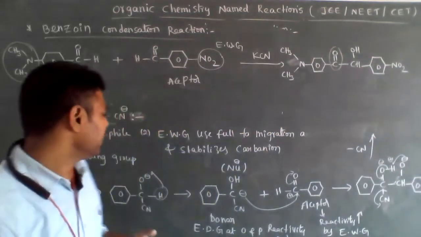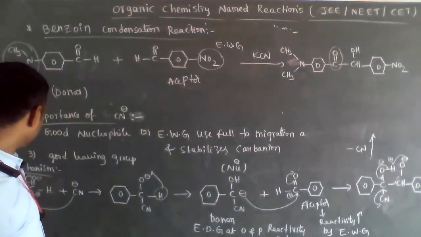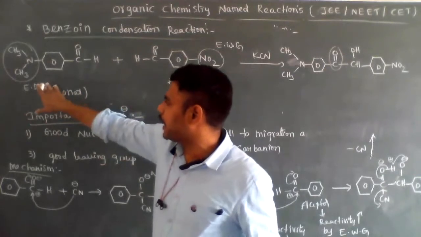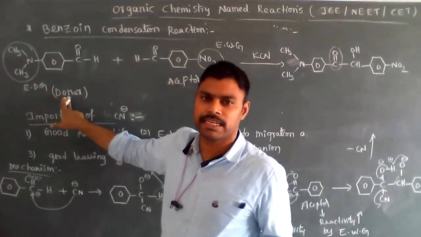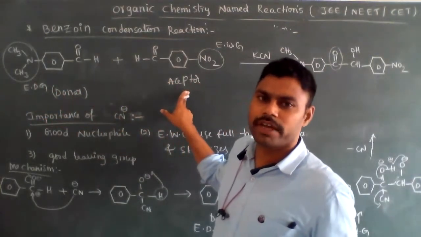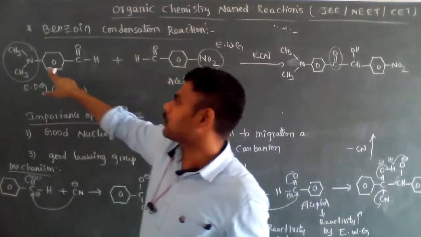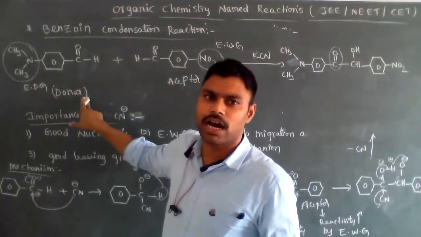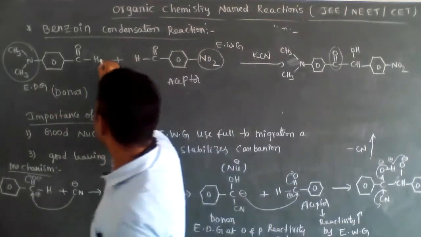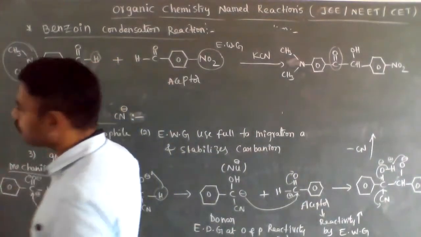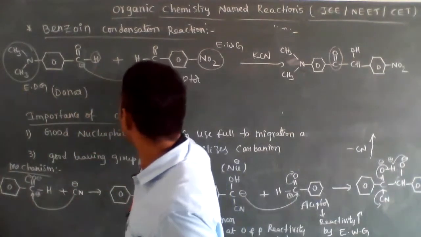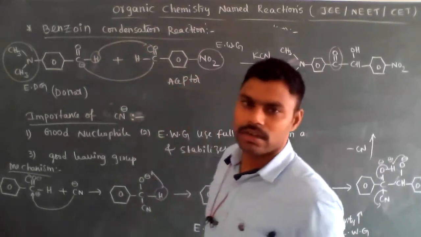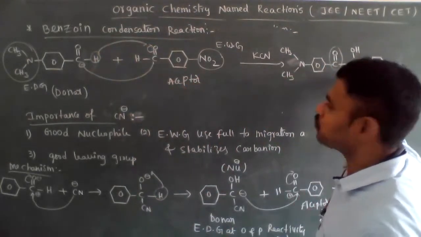So here, of the 2 moles of benzaldehyde, one has electron donating groups and the other has electron withdrawing groups. The electron donating derivative of benzaldehyde acts as a donor. Acting as a donor means it generates negative charge here, O minus. Then it will attack here. Then this proton will shift to here. Now it becomes CHOH.